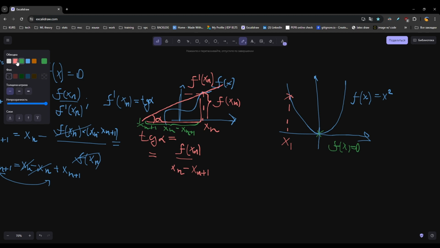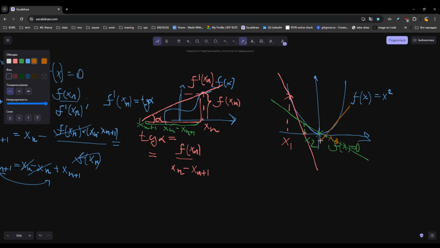So, for example, if we obtain this kind of point and plot a tangent line that passes through this point, something like that, we obtain the next point, which is x of 2. And we then plot another tangent line like that. We obtain another point, x of 3.